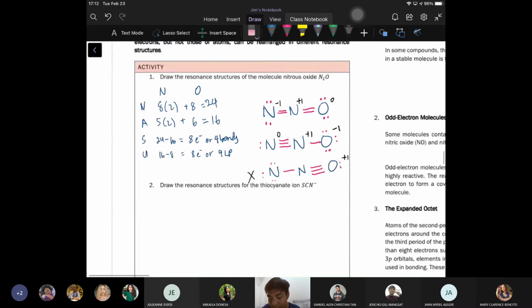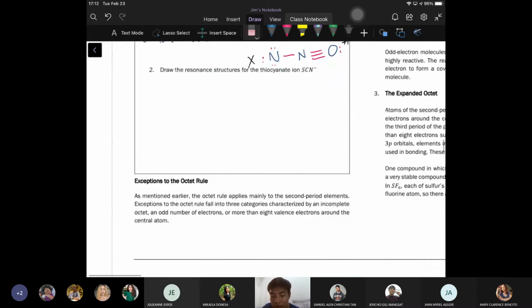Okay? So yan. Ngayon, let's go with the next topic, expansions, exceptions to the octet rule. So as you can see, our discussion is limited with the atoms that are in the second period sa periodic table. So when I say second period, yun yung mga boron, carbon, nitrogen, oxygen, fluorine.